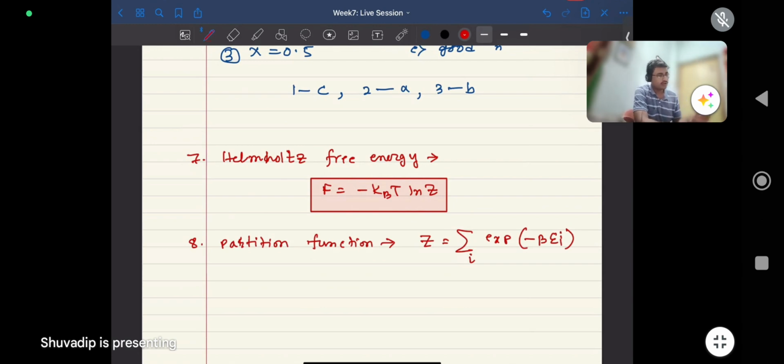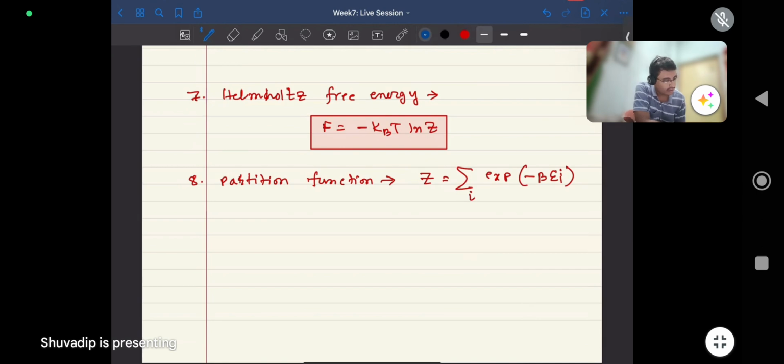I can give you a small example: if there are two energies E1 and E2, Z will be e to the power minus beta E1 plus e to the power minus beta E2, something like this.